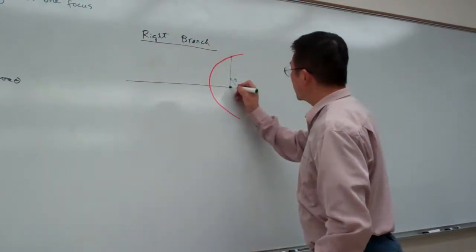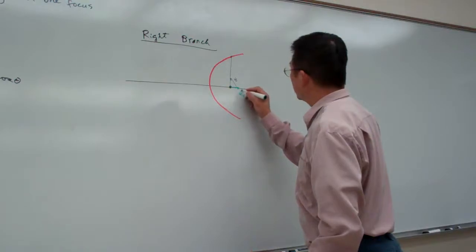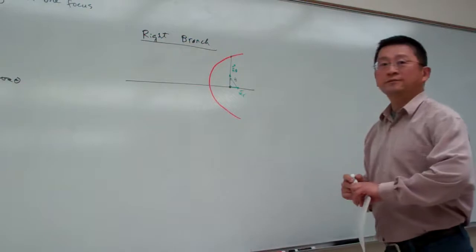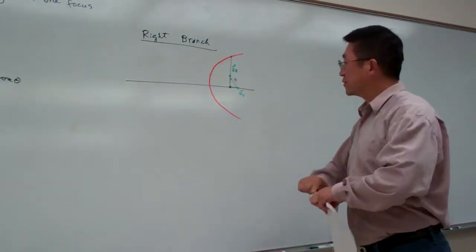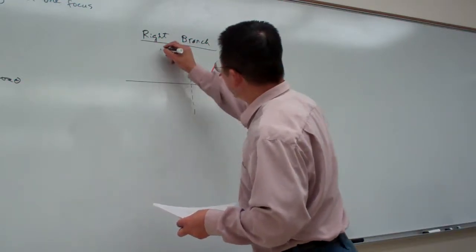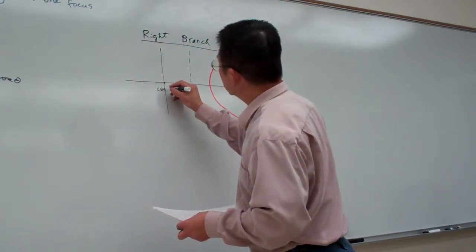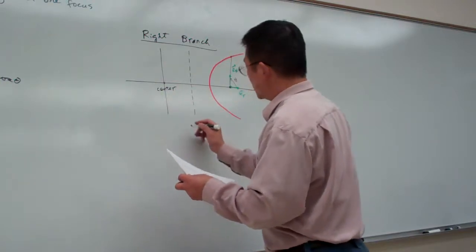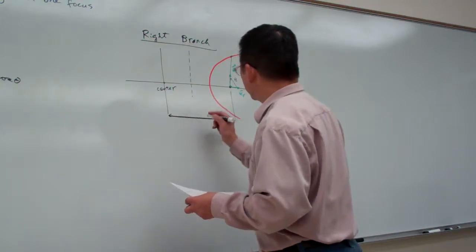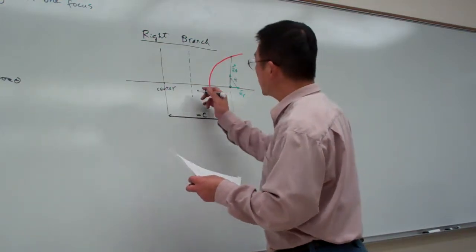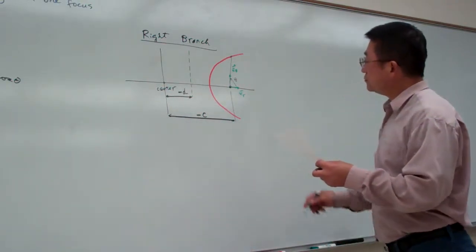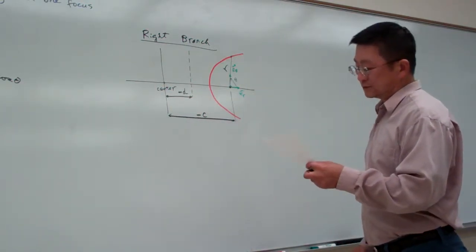So this is our coordinate systems, e_r, e_theta. Okay. So the same thing here, we have the directrix, and this is the center. So the same measurement here, we have minus c, and we have minus d. So this is distance r. Okay.